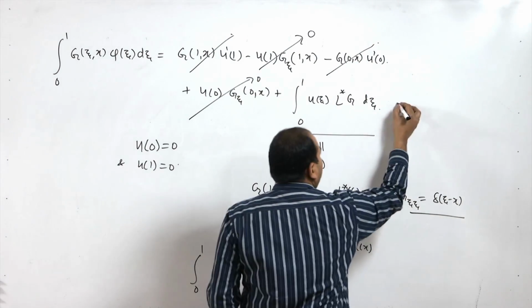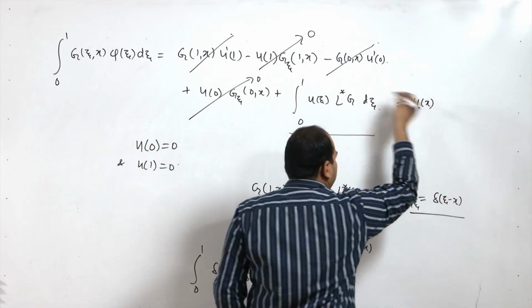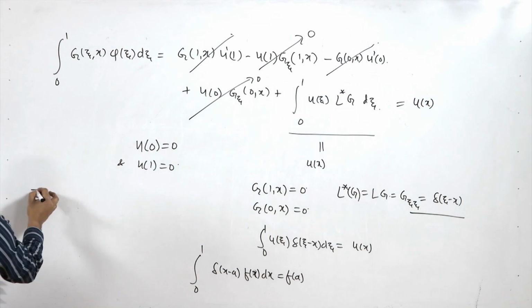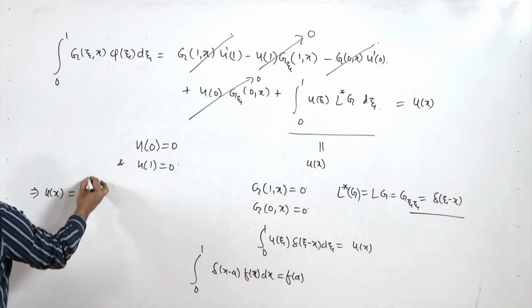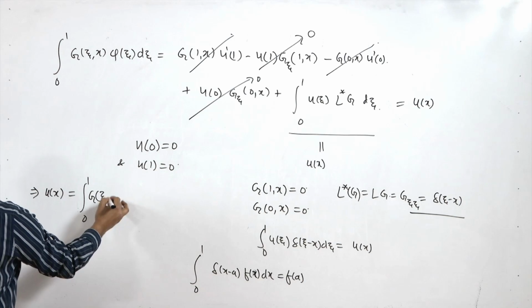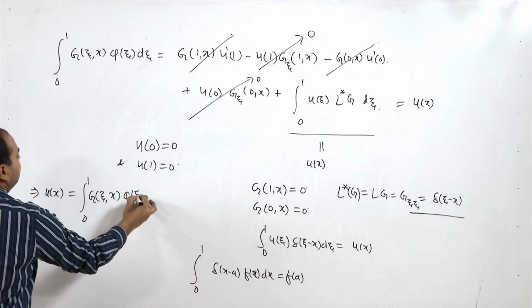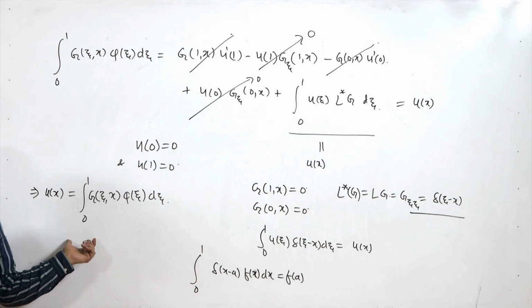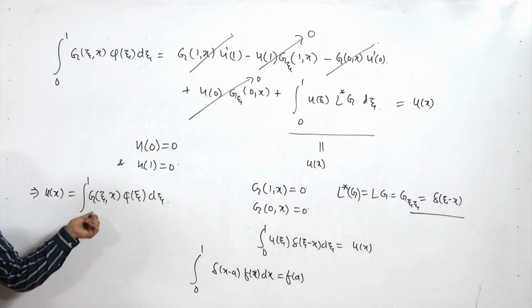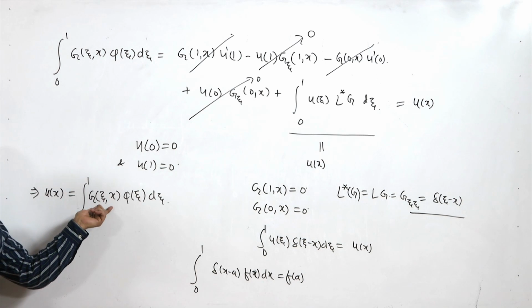So we can rewrite this as u of x equal to the integral from 0 to 1 of g(xi, x) phi(xi) d xi. So this is our solution, provided we know what g(xi, x) is.